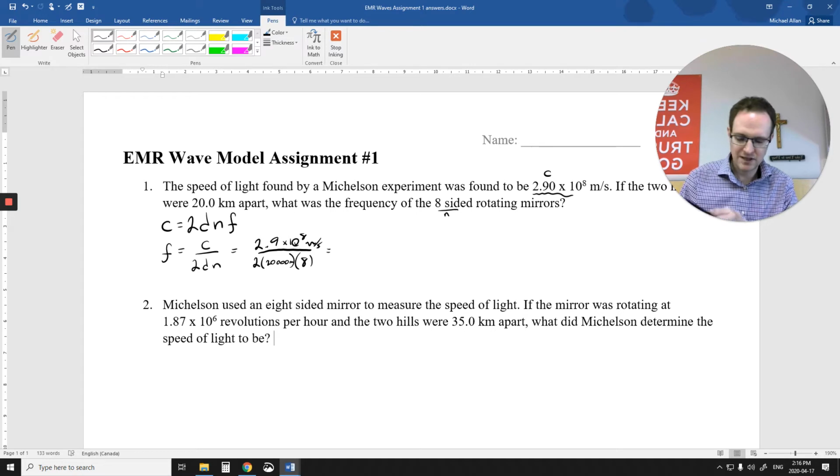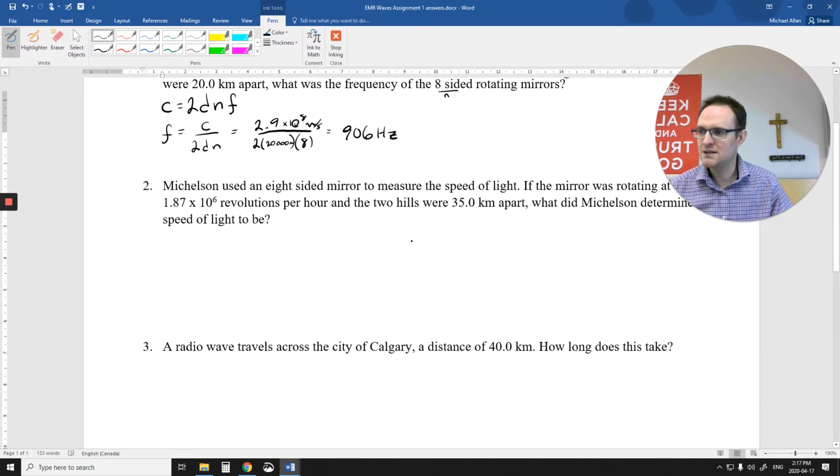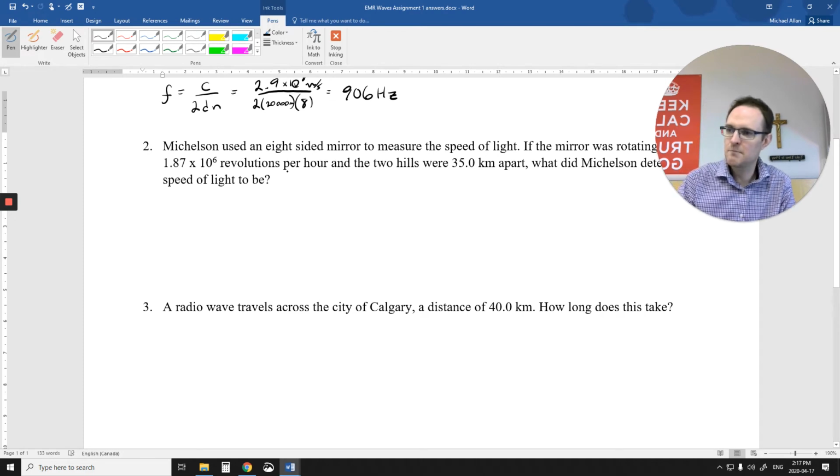And I'm going to get 906. Yeah, 3 sig digs here. 906 hertz, because it's per second. Now the key is that this is per second, so that means the next question, because it says per hour, the frequency, that is my frequency, because it's revolutions per something.